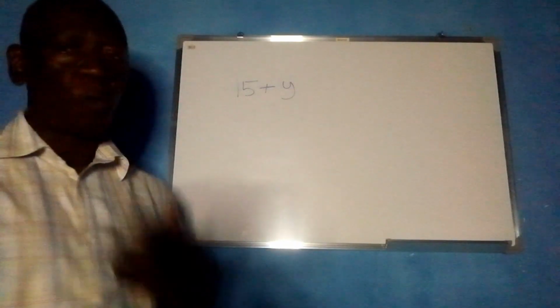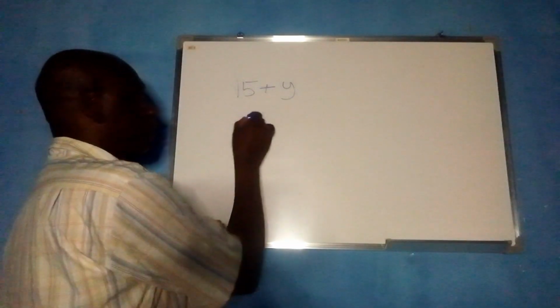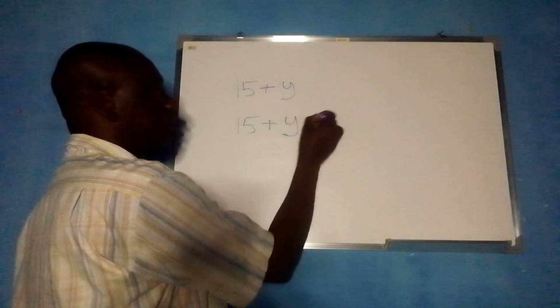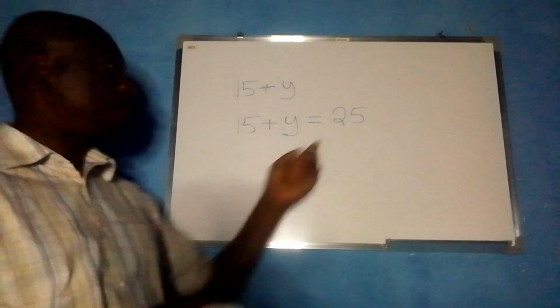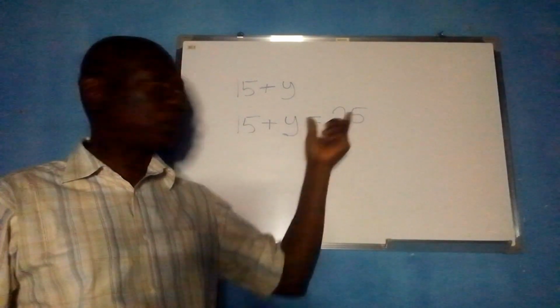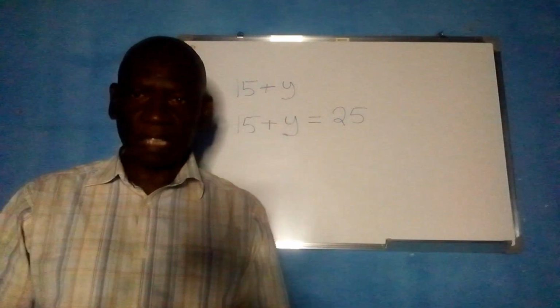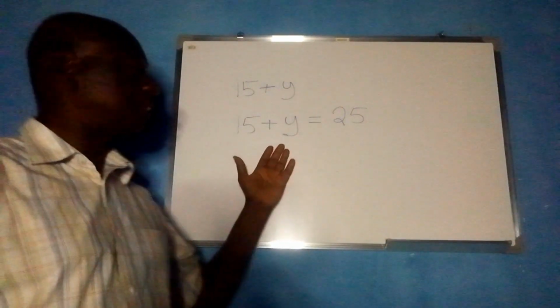And so we can write that statement in this manner. 15 plus y is equal to 25. We are able to write it in this manner because we were told that when the other group joined in, the total number of learners in that class became 25.